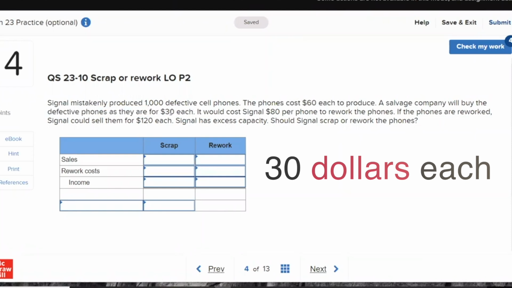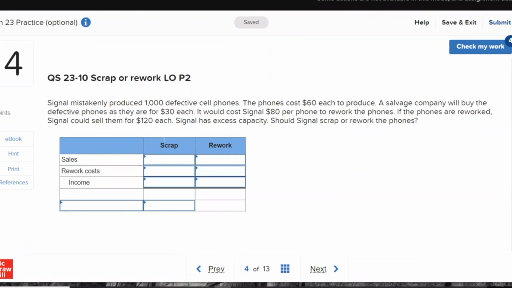So what I'm going to do is go ahead and put that in my scrap column, because a salvage company will buy them for $30 each. $30 times 1,000, we will make $30,000 from scrapping them. Okay, $30 times 1,000 cell phones.